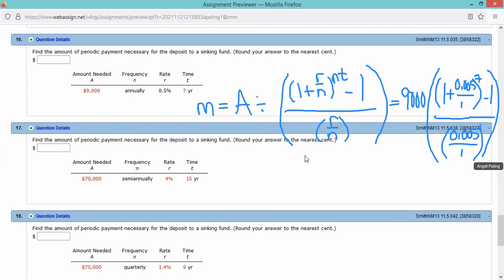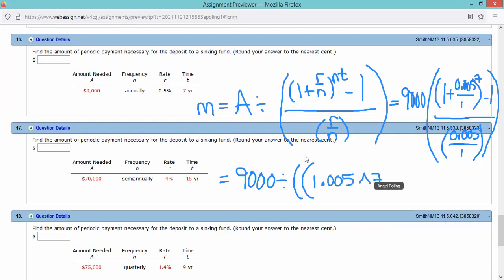Okay, so if we entered this into the calculator, we would enter 9,000 divided by parenthesis 1.005 caret 7, take away 1, end parenthesis for the numerator, divided by the denominator.